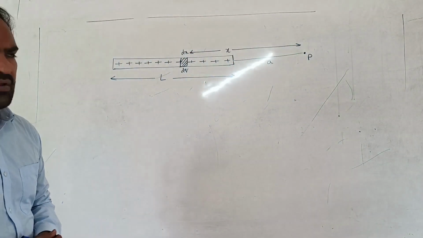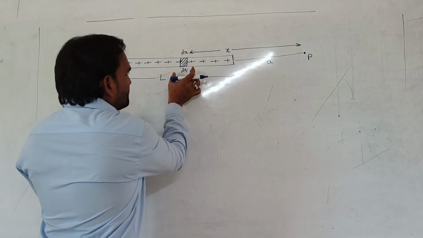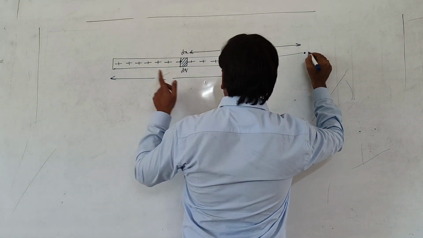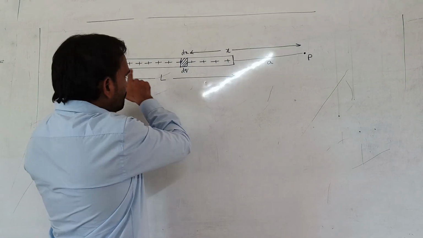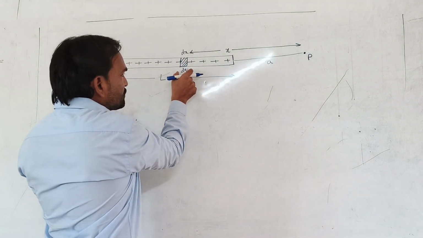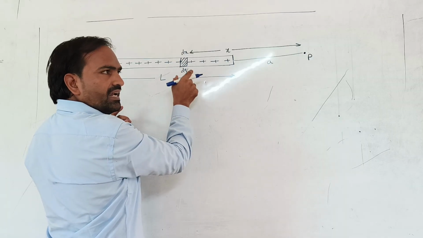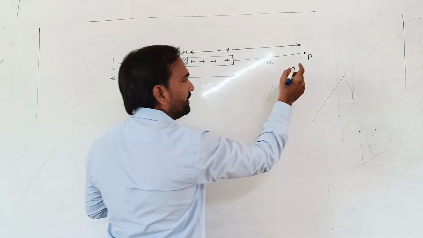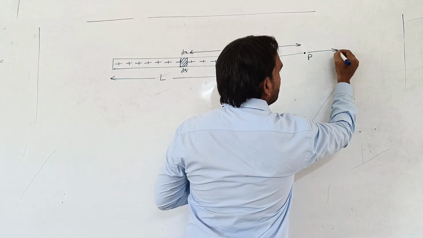Okay, students. Due to this elemental charge, the electric field at point P is radial. This is a positive charge, yes or no? The total charge distribution here is positive. That's why, due to this positive elemental charge, the electric field intensity at point P is radially outward. Assume this is dE, outwards.